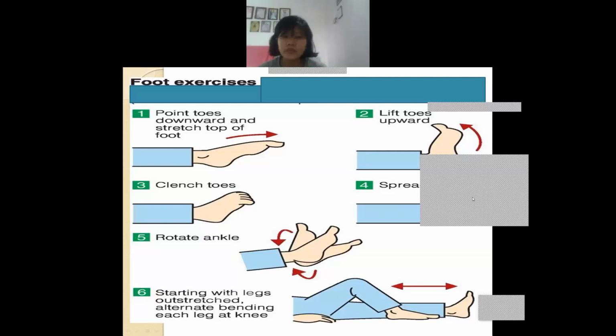Obviously, it's not normal, right? Deep vein thrombosis is not normal. So what will happen inside it? The blood clot occurs in the leg portion. In which portion? Leg portion, thigh portion. Okay, means lower limb, right?